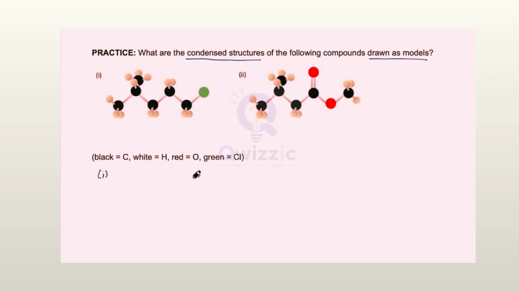And to decide how best to write this as a condensed structure, I like to first sketch out how these are actually grouped together to see how to write it most efficiently as a condensed structure.